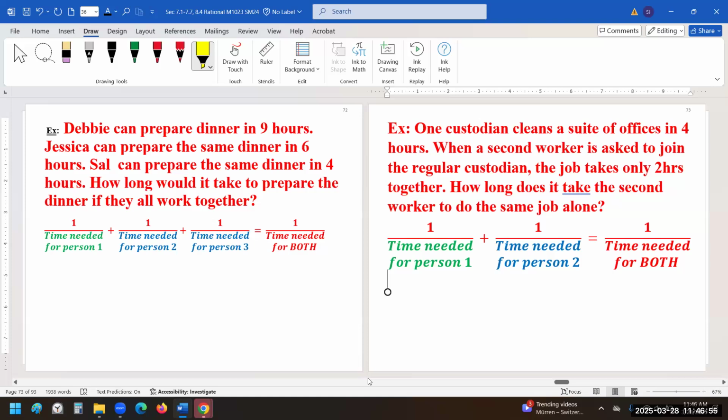So you're solving for x, right? When you do something to one side, you do the same thing to the other side.